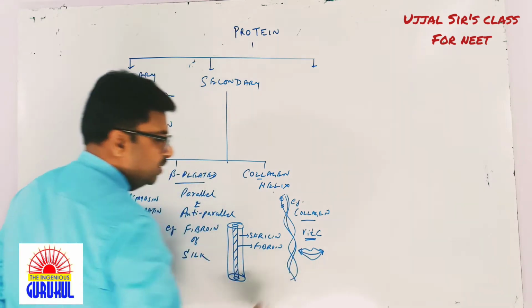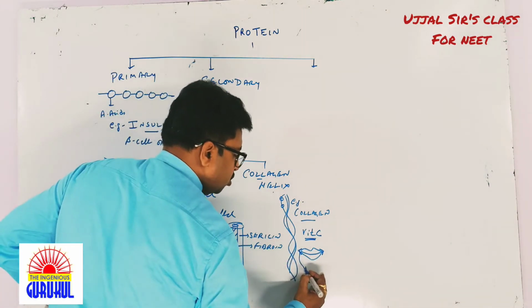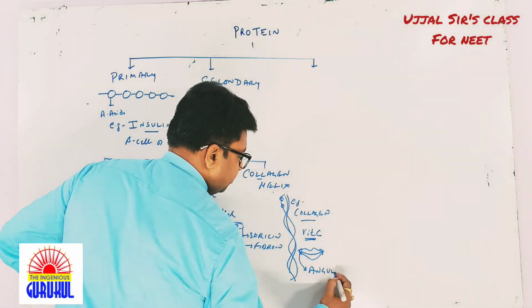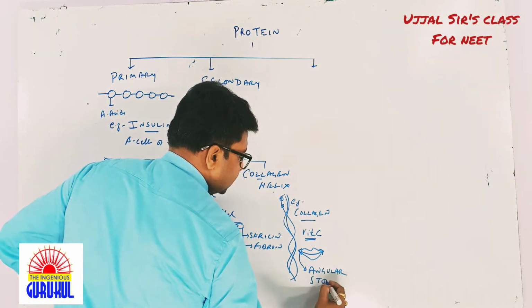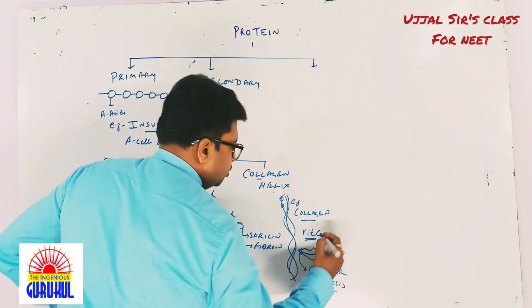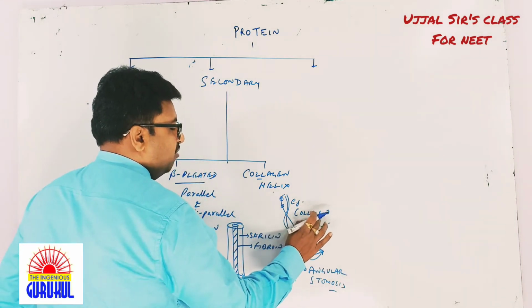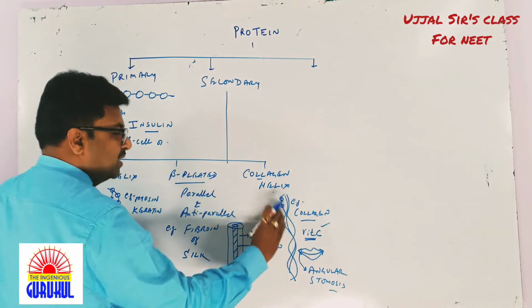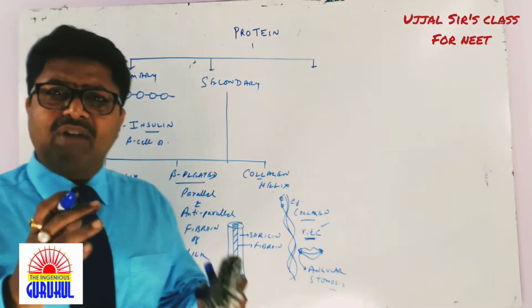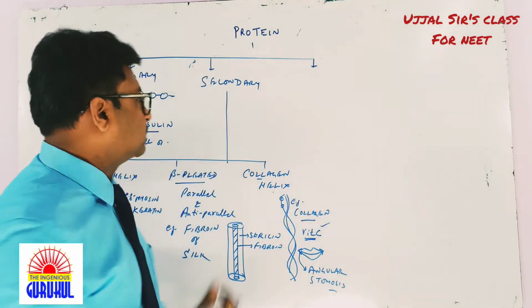We call it angular stomatitis, and this occurs due to the lack of vitamin C, because that structure has less collagen. Vitamin C keeps all three helical strands intact.